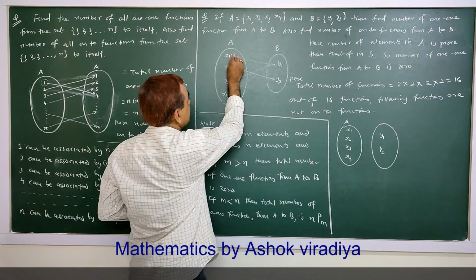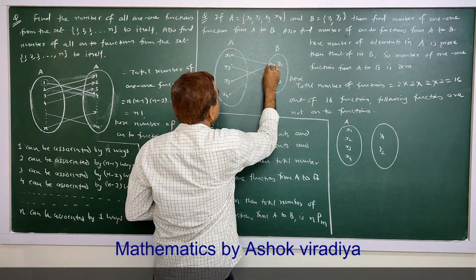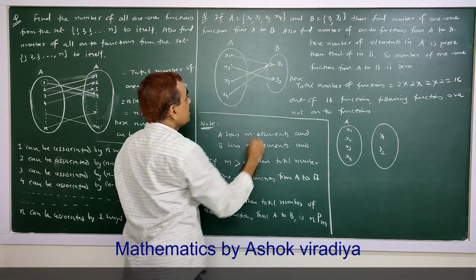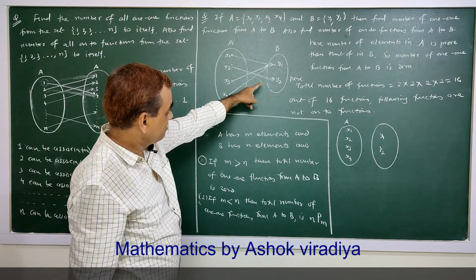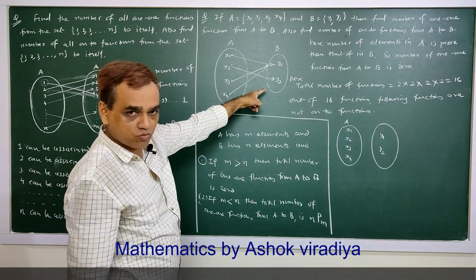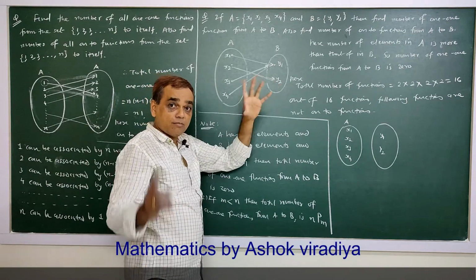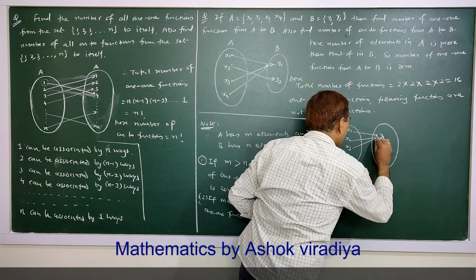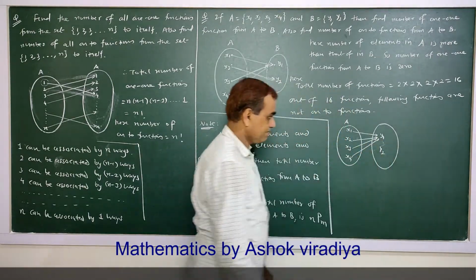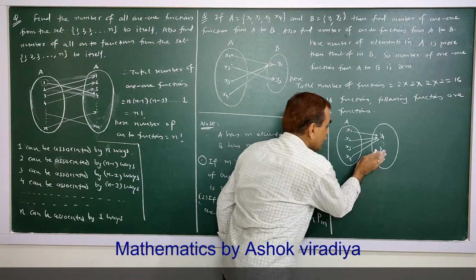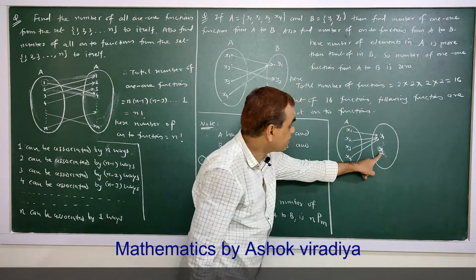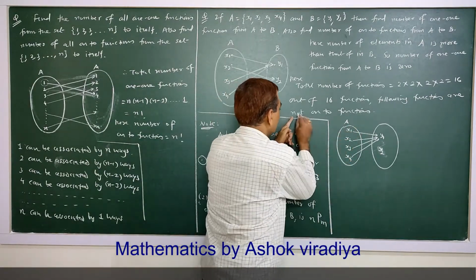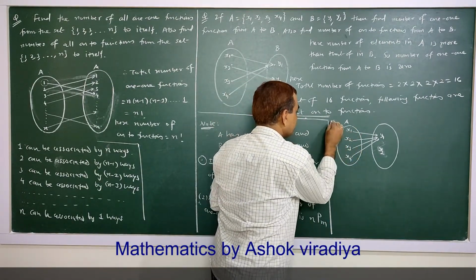If the connection is like this, x1 is connected with y1, x3 with y1, x2 with y2, x4 with y1, then this is onto, because both are images. But if all these 4 elements are connected with y1, the image of all 4 is only y1, then y2 is not the image of anyone. This is not onto.